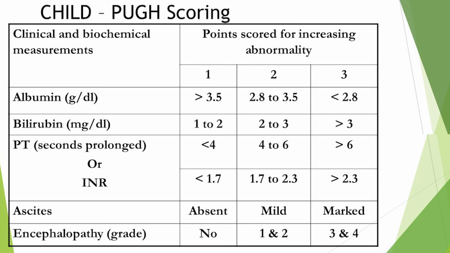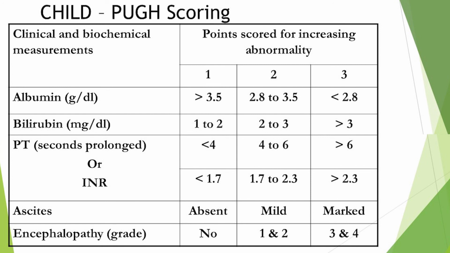If you see the albumin level, if it is more than 3.5, it is good. If it is less than 2.8, it is very bad. If he or she is icteric, it is bad or very bad. If the patient develops ascites, it is bad, but if it is compensated and there is no ascites, it is relatively good.